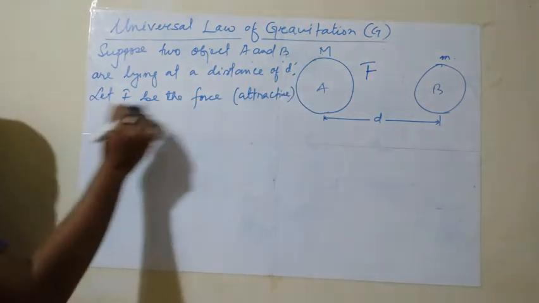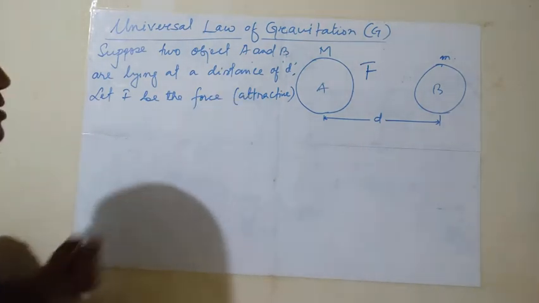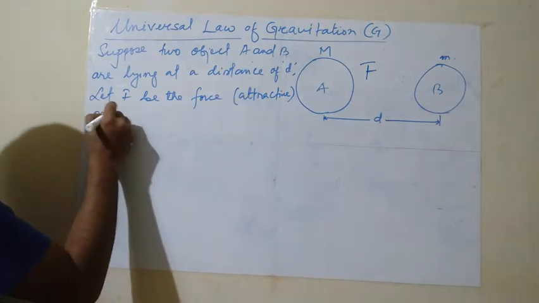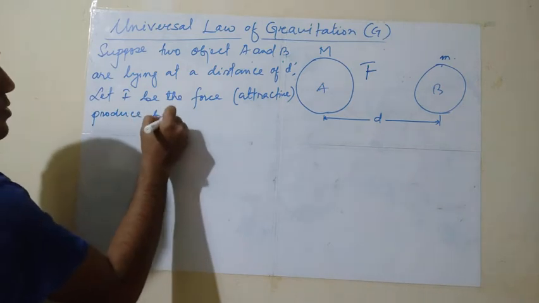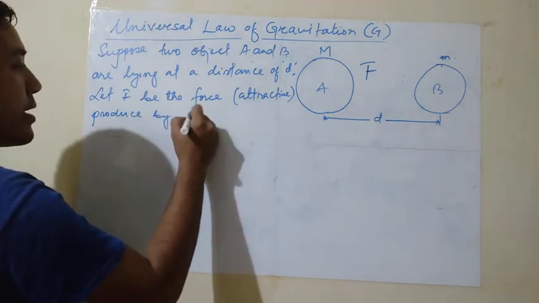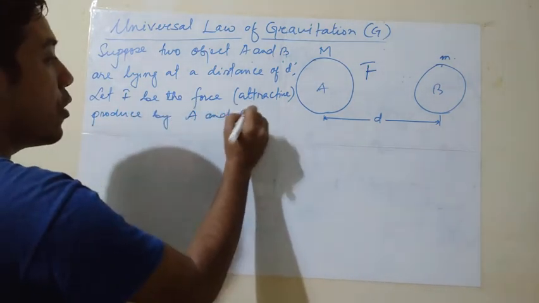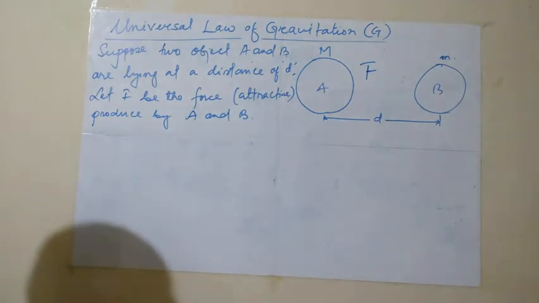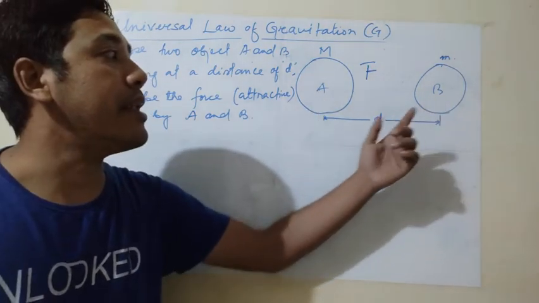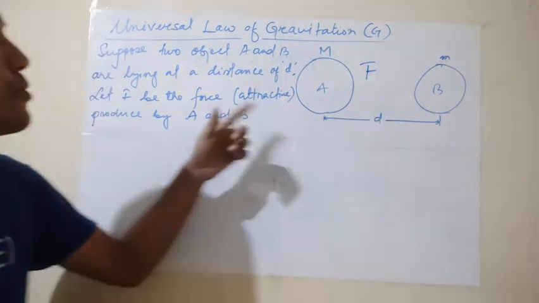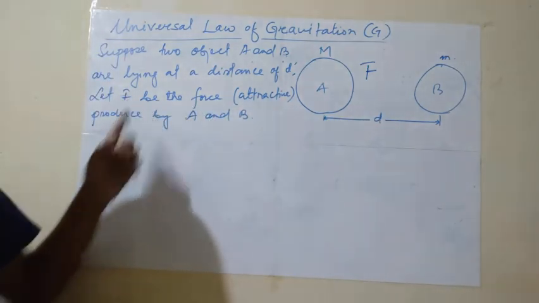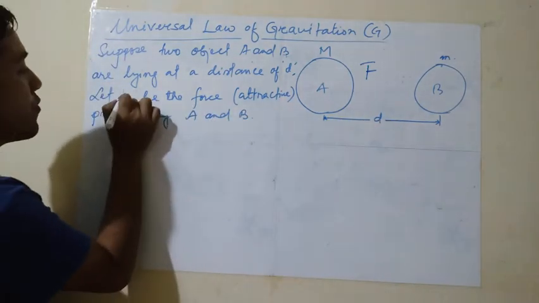Attractive force. F be the force produced by A and B. When we place these two objects A and B at a distance of d, it produces one type of force, that is F. See, this F is the force.